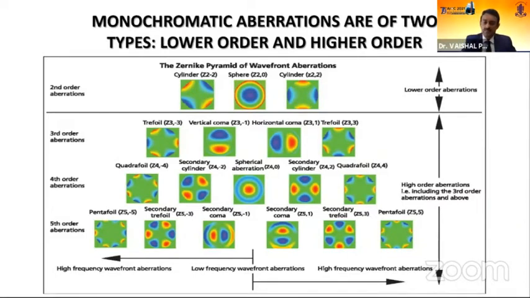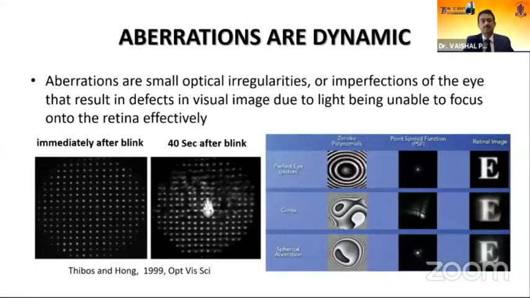Today, the most important aberrations are the spherical aberration and the coma, which contribute most to the quality of vision. Aberrations are dynamic.